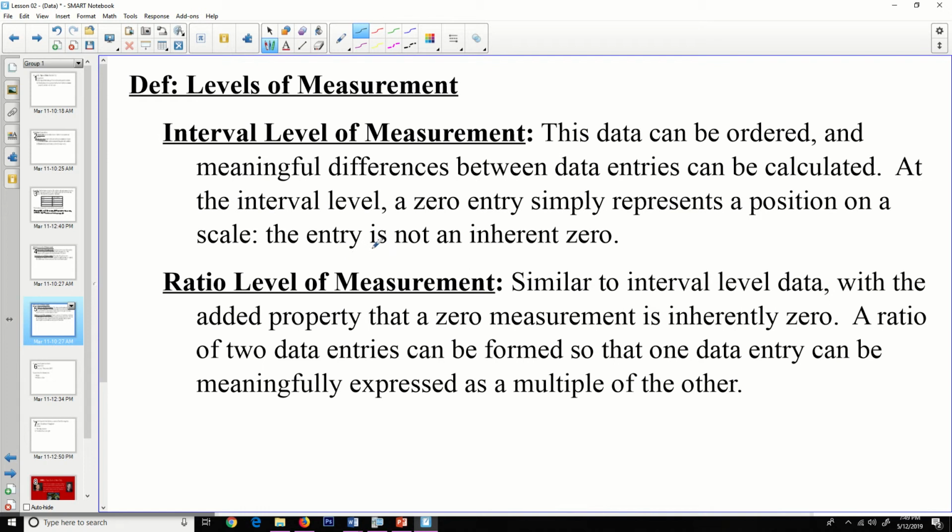The ratio level of measurement is similar to interval level of data, with the added property that a 0 measurement is inherently 0. A ratio of 2 data entries can be formed so that one data entry can be meaningfully expressed as a multiple of the other. So really what we have to talk about here is this concept of inherently 0 and what that means.